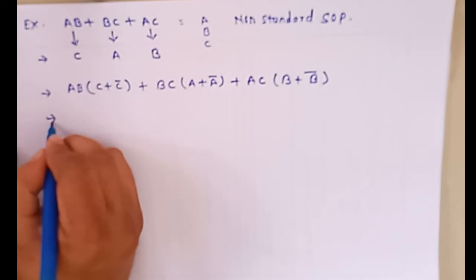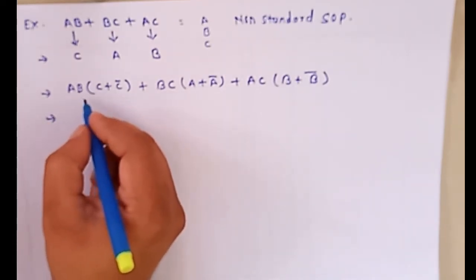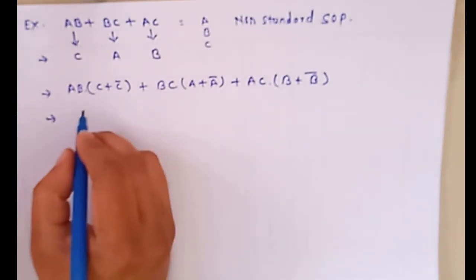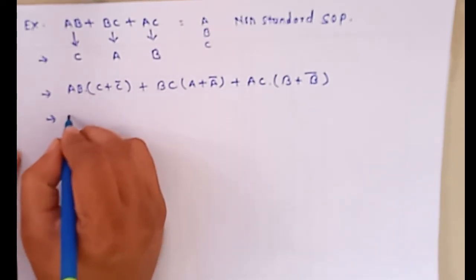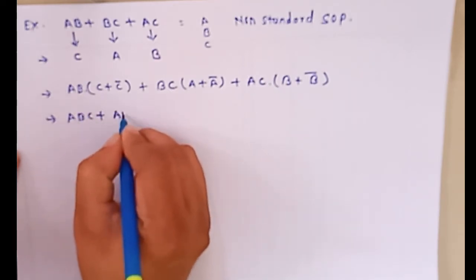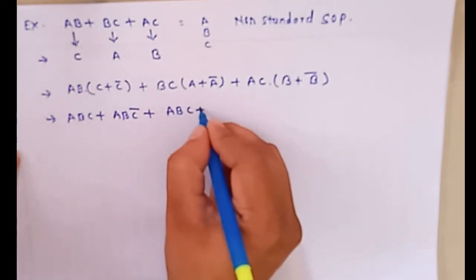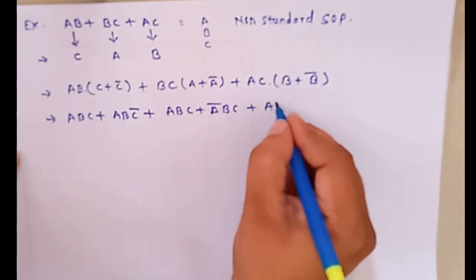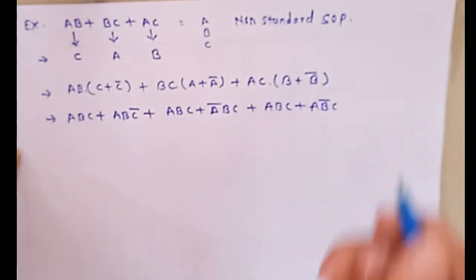Okay, then simplify or make the multiplication of these two terms. Okay, so here we will write ABC plus ABC bar plus ABC plus A bar BC plus ABC plus A B bar C.